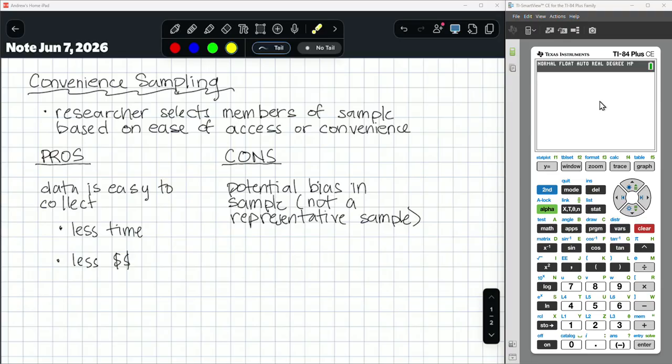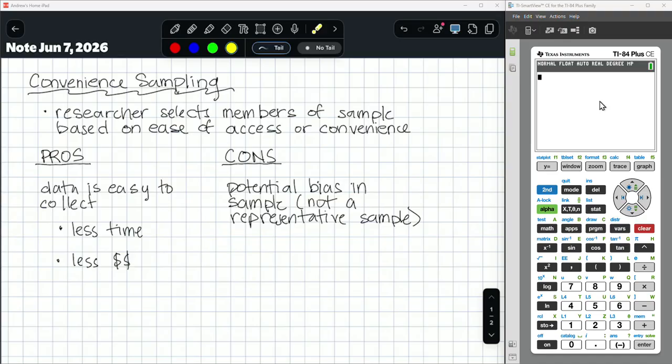If it did, that eliminates some of that potential bias, because we know every group, every subgroup in the population is equally likely to be selected. Our samples are more likely to be representative. Or was I looking at a convenience sample where the members were just selected based on ease of access to the researcher?